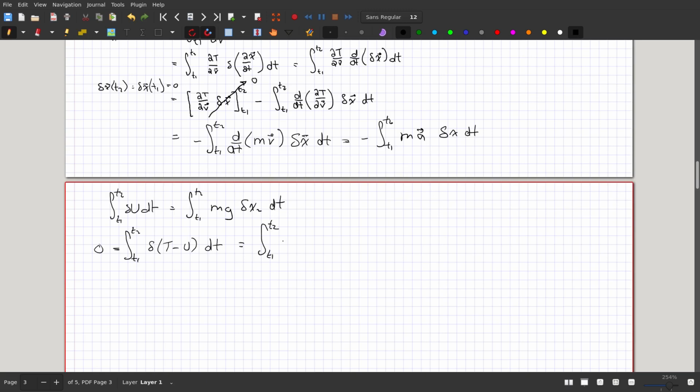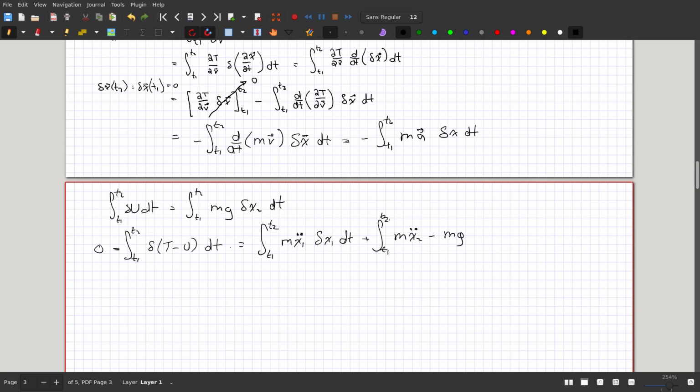So we had m x1 double dot, or ma, delta x1 dt, plus the integral from T1 to T2 of m x2 double dot minus mg.